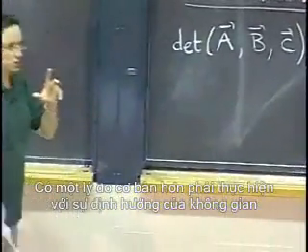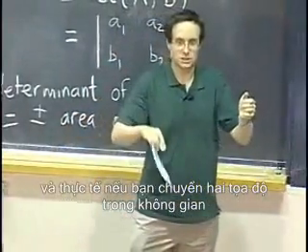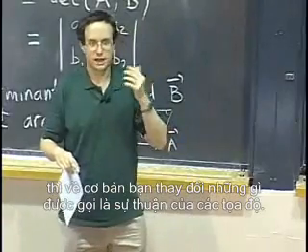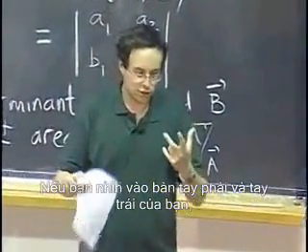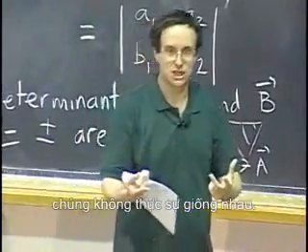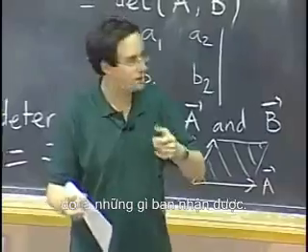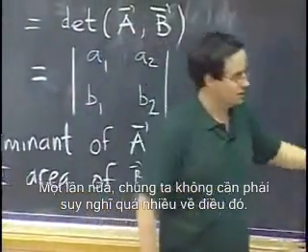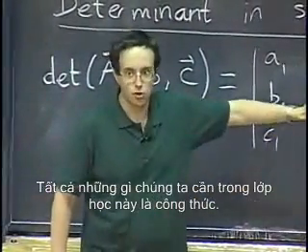There's a more fundamental reason which has to do with orientation of space and the fact that if you switch 2 coordinates in space, then basically you change what's called the handedness of the coordinates. If you look at your right hand and your left hand, they are not actually the same. They are mirror images. And if you swap 2 coordinate axes, that's what you get. That's the fundamental reason for the minus. But again, we don't need to think too much about that. All we need in this class is the formula.